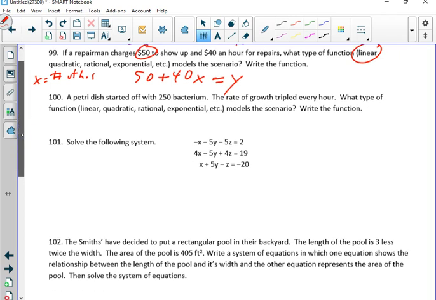A petri dish started off with 250 bacteria. Okay? The rate of growth tripled every hour. Well, if you remember from the previous video, or one of the previous ones, as soon as you see the word tripled, you know you have E. If you have something like tripled, quadrupled, doubled, or continuously, you're using that model. And so therefore, we're going to say future value, and that's exponential, is equal to your principal amount.